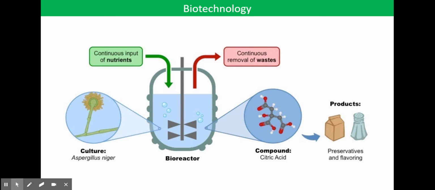Citric acid is widely used as a flavour enhancer, a preservative in manufactured foods, and an antioxidant. It is produced as an intermediate of the Krebs cycle under aerobic conditions. Citric acid is mass-produced by continuous fermenter systems from cultures of the fungus Aspergillus niger.